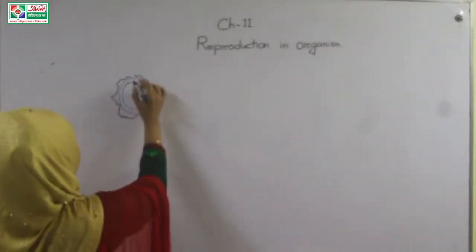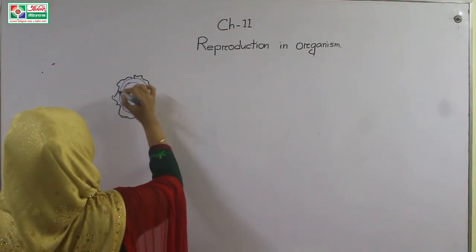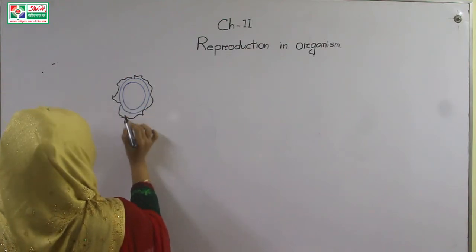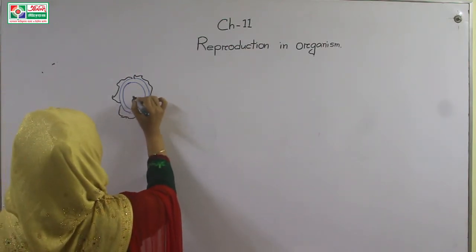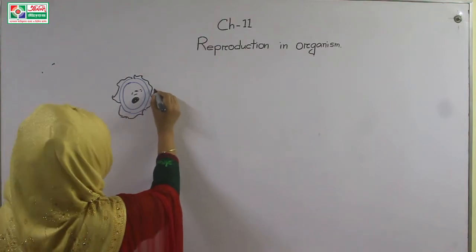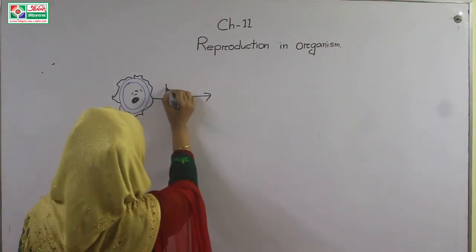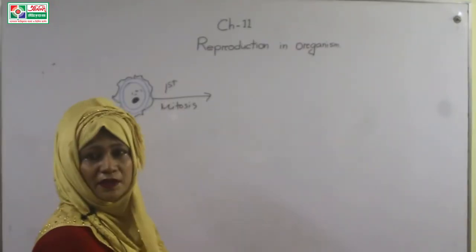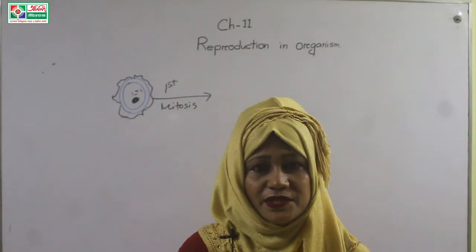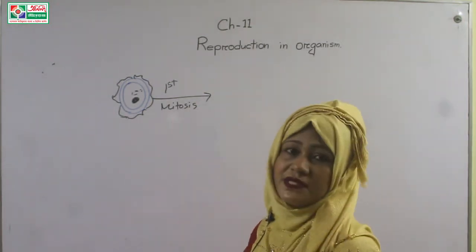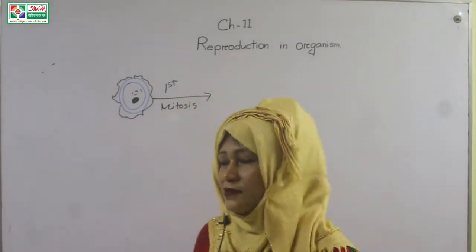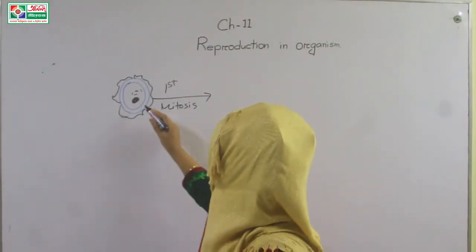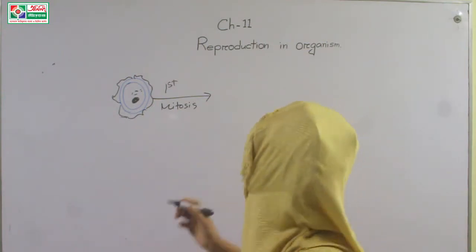I have drawn the germ pores here, 1, 2 and 3 germ pores, and the nucleus and vacuole. First, mitosis. According to the law of mitosis, from one cell we get 2 cells. First of all, karyokinesis will take place. That means the nucleus will divide first. And what will we get?